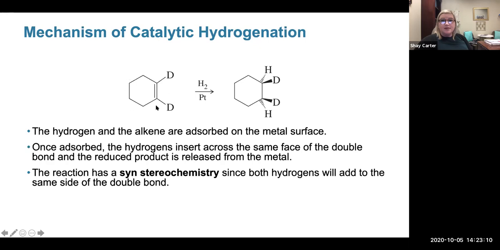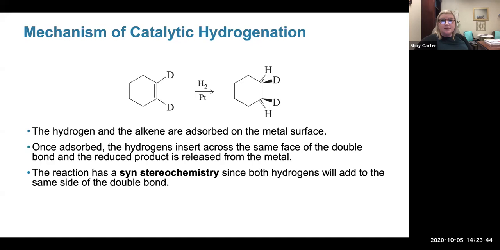So here we have cyclohexene, and it has two deuteriums attached to it. Deuteriums are hydrogens that have a neutron in the center of them. It's called a heavy hydrogen. And then we flow hydrogen over our precious metal catalyst, and we find that we have a syn addition, okay? So the hydrogens are both added to the same side of the ring, okay?